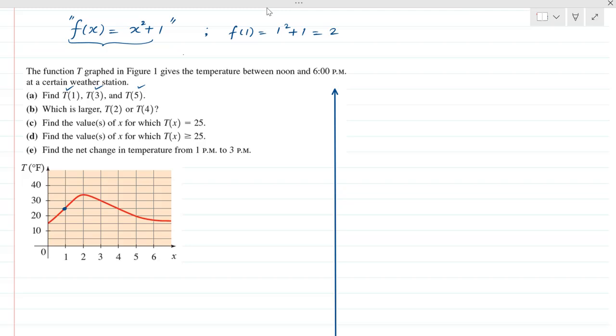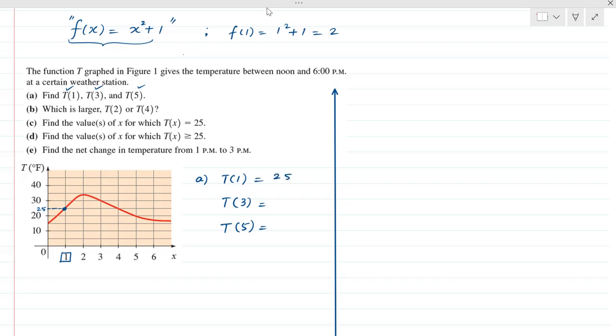The first one, a, is T of 1, T of 3, and T of 5. Since the function is not given but the graph is given, from the graph I will calculate T of 1. What is the corresponding value at 1?